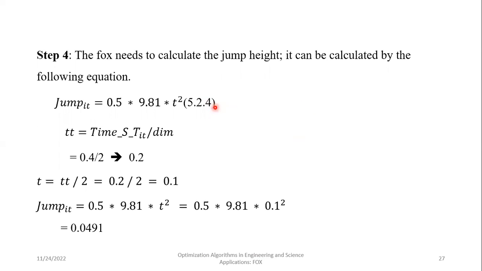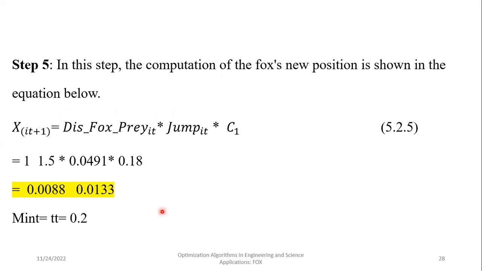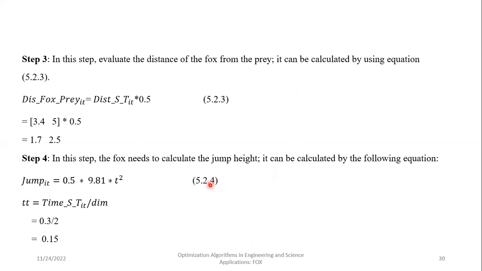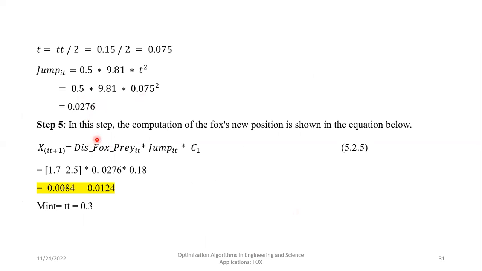For the jump, equation 4, same thing. And then here, the position of the second fox is also updated for the next iteration. Now, for the third agent, we do the same: equation 1, 2, and then 3, and then 4, and then 5. We get the result for the third.